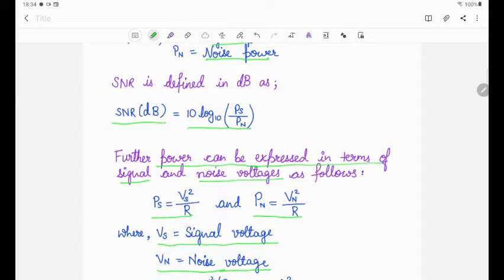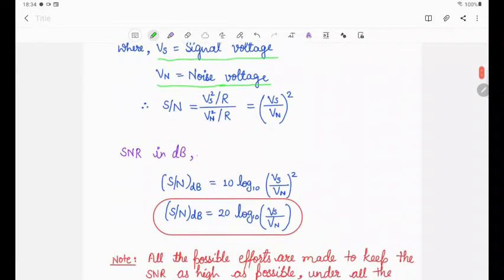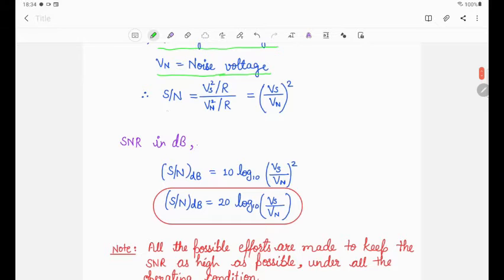So let us put this PS and PN in the above equation. We can write signal to noise ratio is equal to Vs square by R divided by Vn square by R. R and R will be cancelled out. We can write (Vs divided by Vn) whole square.